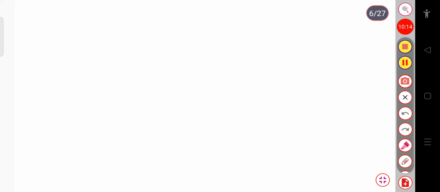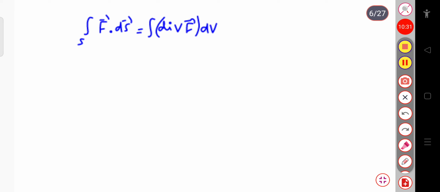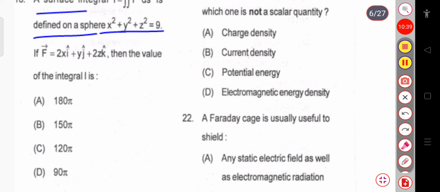Now let us first calculate F dot dS. This is the surface integral F dot dS. For this you can write it equal to the integration of the divergence of F dV, according to the Gauss divergence theorem. So in the question F is given as 2x i cap plus y j cap plus 2z k cap.